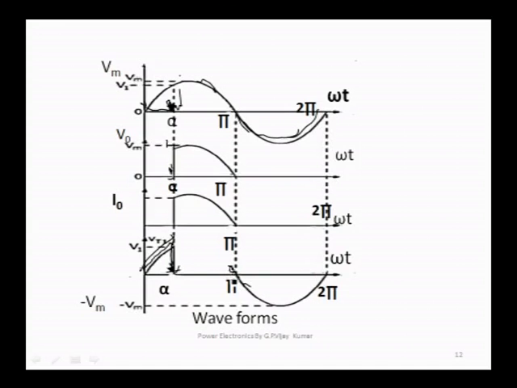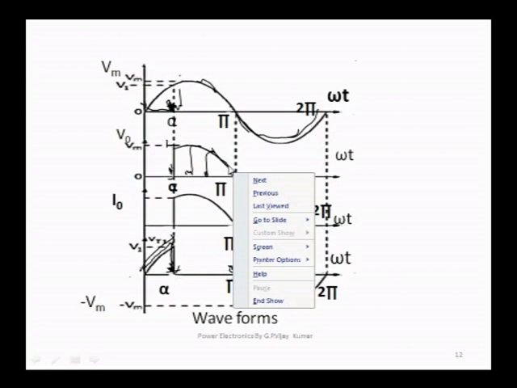I think you might already have observed this in the lab. So, the principle of phase control can be better illustrated here. By varying the firing angle alpha, if your alpha is here, this is the voltage available across the load. If the firing angle is here, this is the voltage available. Suppose the firing angle becomes 0, then the full voltage is available.